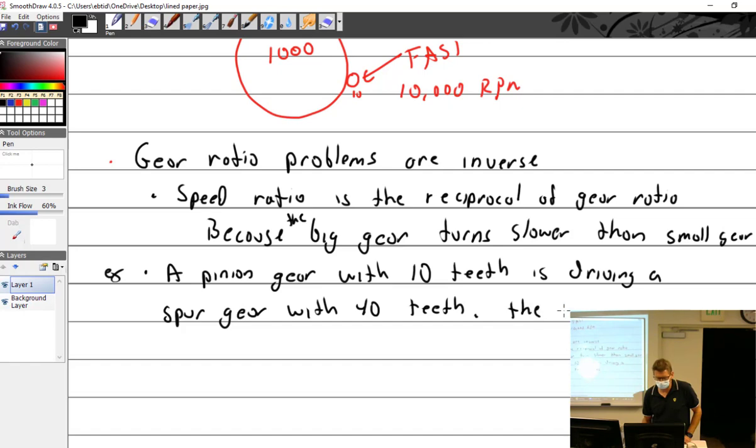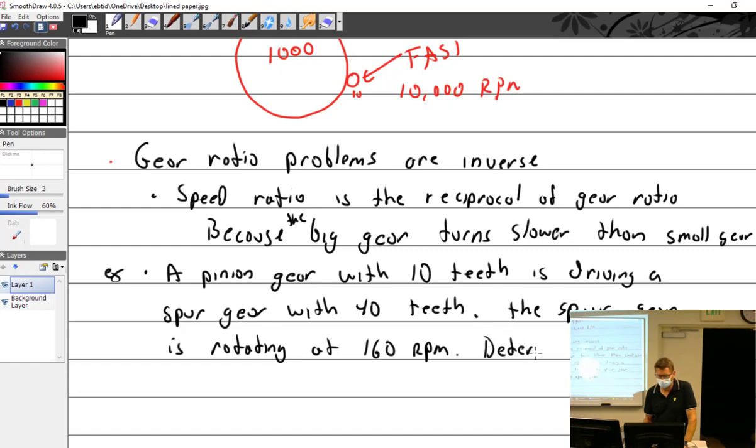The spur gear is rotating at 160 RPM. RPM stands for revolutions per minute. Okay.